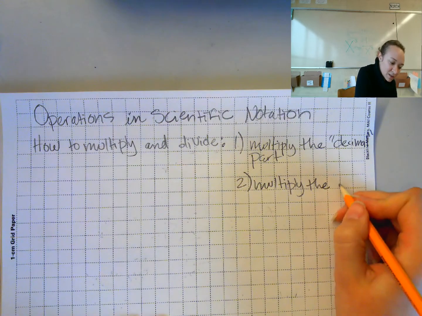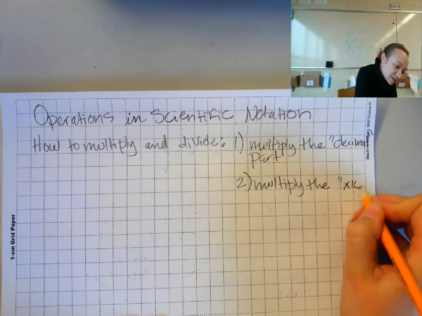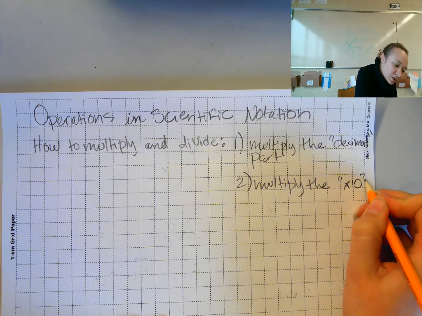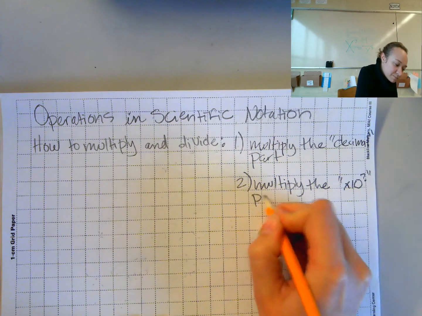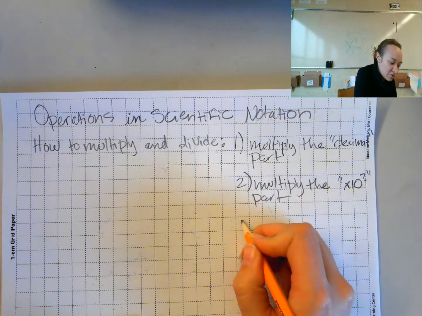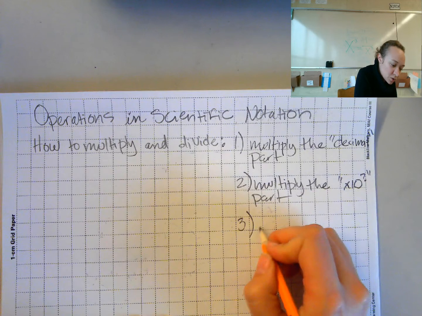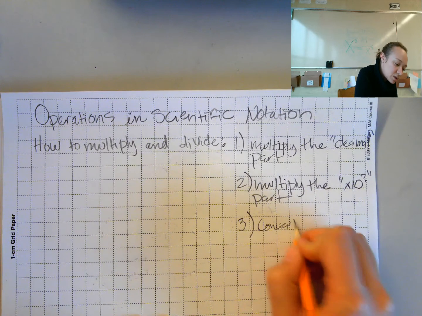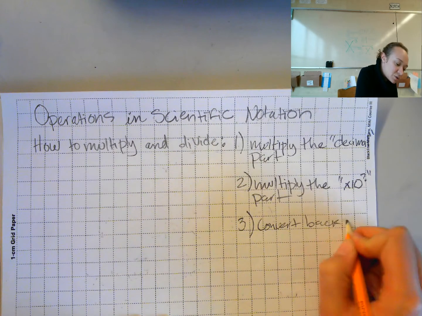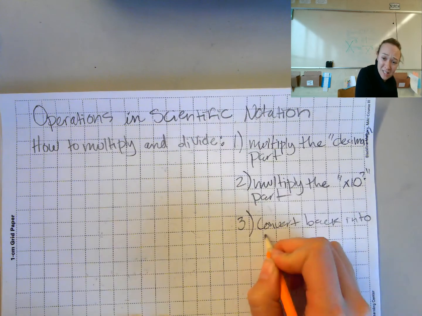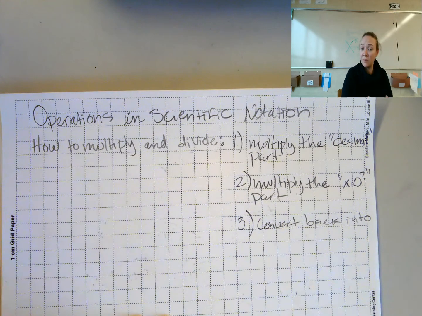Multiply the times 10 to the whatever part. And then finally, you are going to convert back into scientific notation. And that's not always necessary. Sometimes it'll just beautifully end up exactly the way you need it.